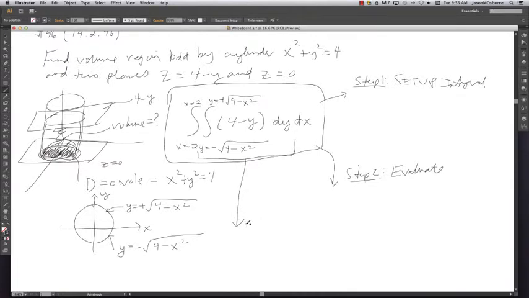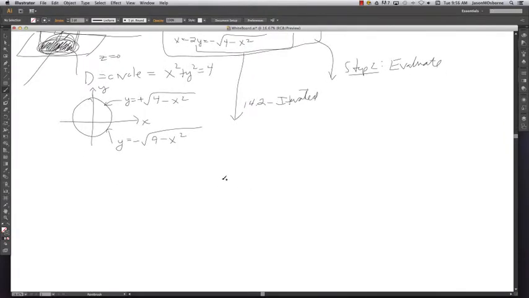So we would do this as an iterated integral; 14.2 is about iterated integrals. Let's do this as a dy problem first. I would integrate from negative square root of 4 minus x squared up to the square root of 4 minus x squared, and I need to integrate 4 minus y dy.